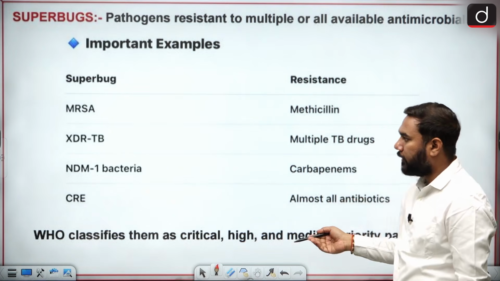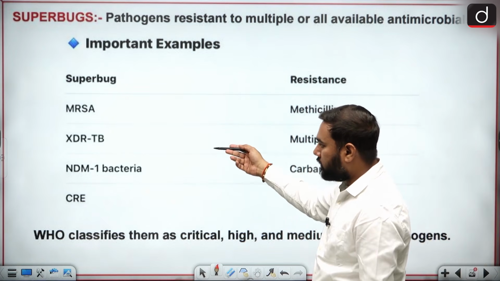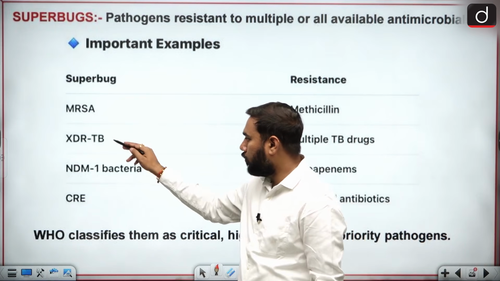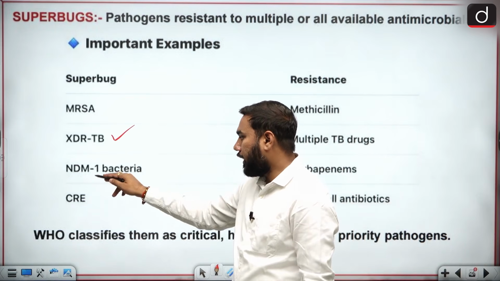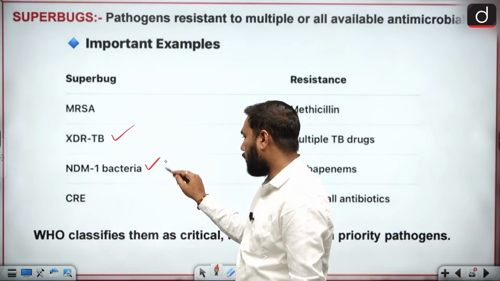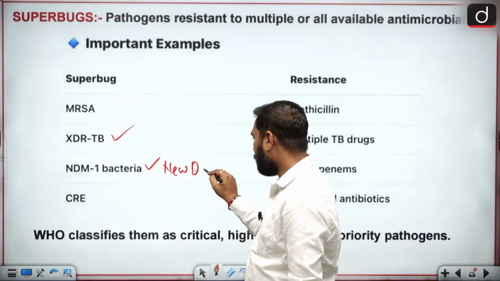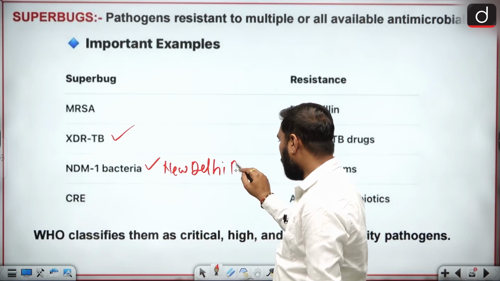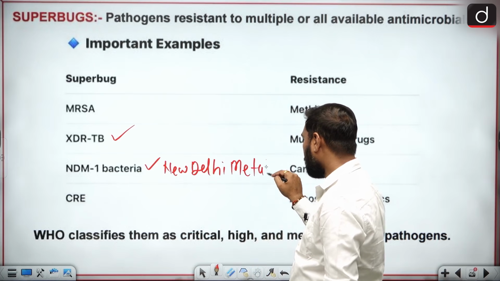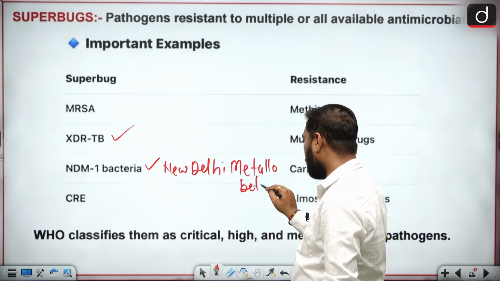Important examples are MRSA, XDR-TB, which is one of the most important examples, and also NDM-1, New Delhi Metallo-beta-lactamase.